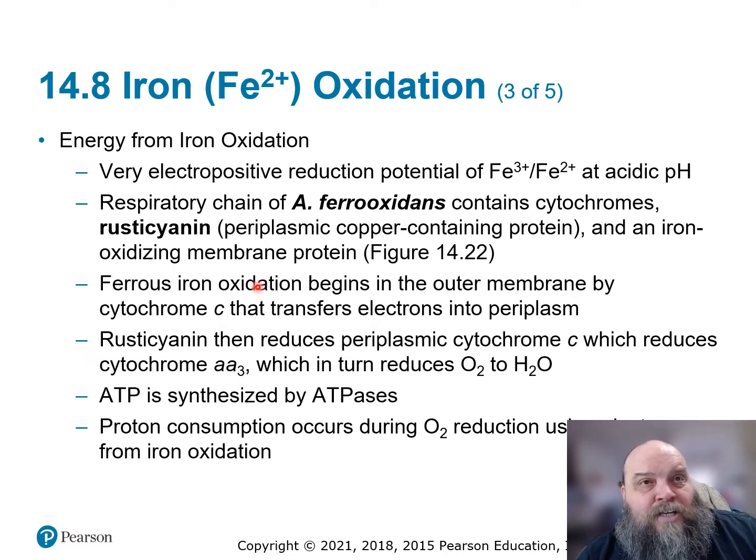So the iron never actually gets into the cell. As we're going to see on the next slide, the electron is stripped off, oxidation there, and then it is passed through a series of proteins from the outer membrane through the periplasm to the cytoplasmic membrane. One of those that's going to take it and pass it on is that rusticyanin that was mentioned before.